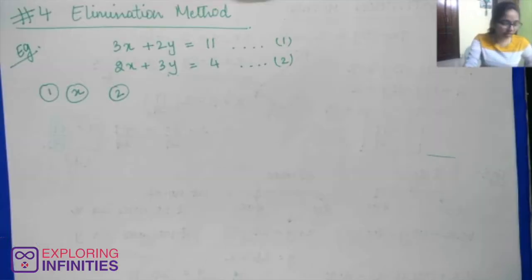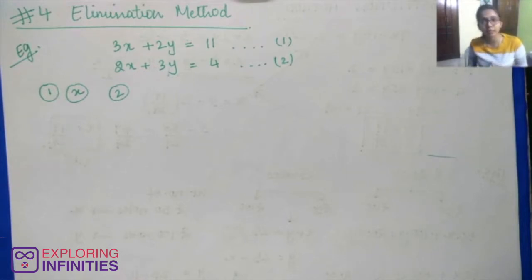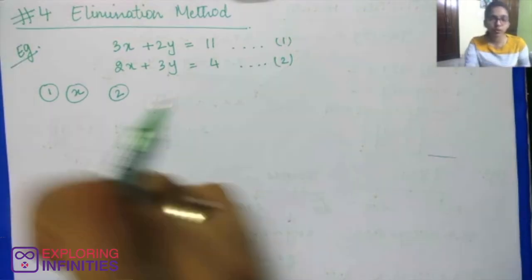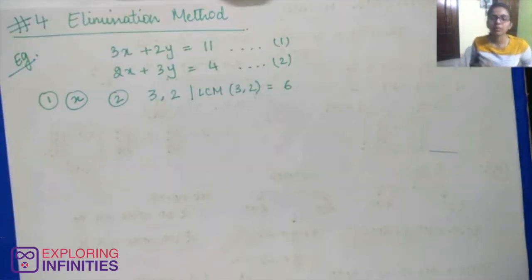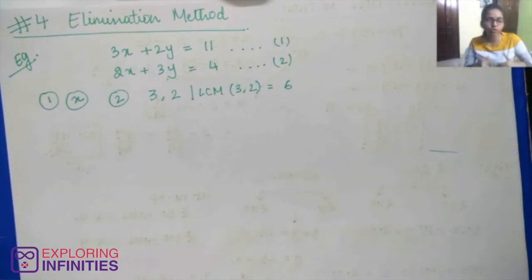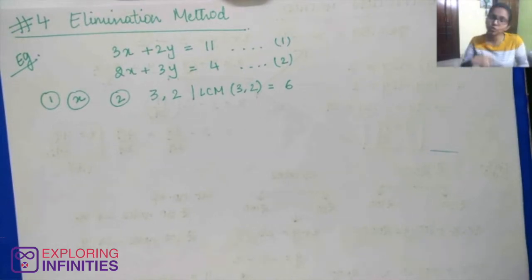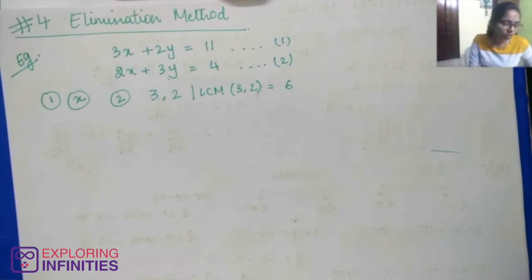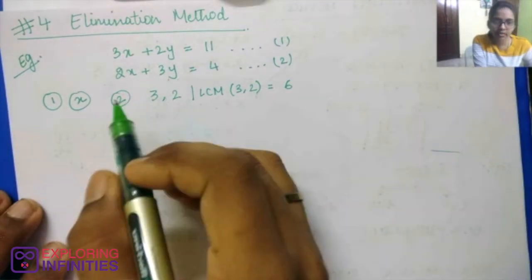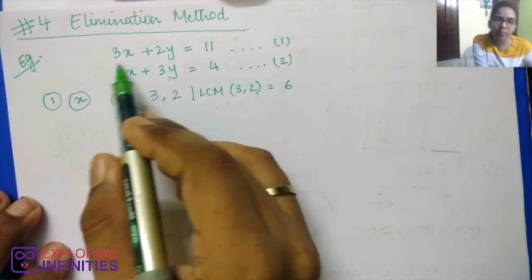So our first step was choosing the variable. I chose the variable x and then I said that I'll take the LCM of the coefficients of that variable. My LCM for 3 and 2 is 6. So my next step will be to make my 3x into 6x and 2x into 6x. To make 3x into 6x, I'll multiply it by 2.